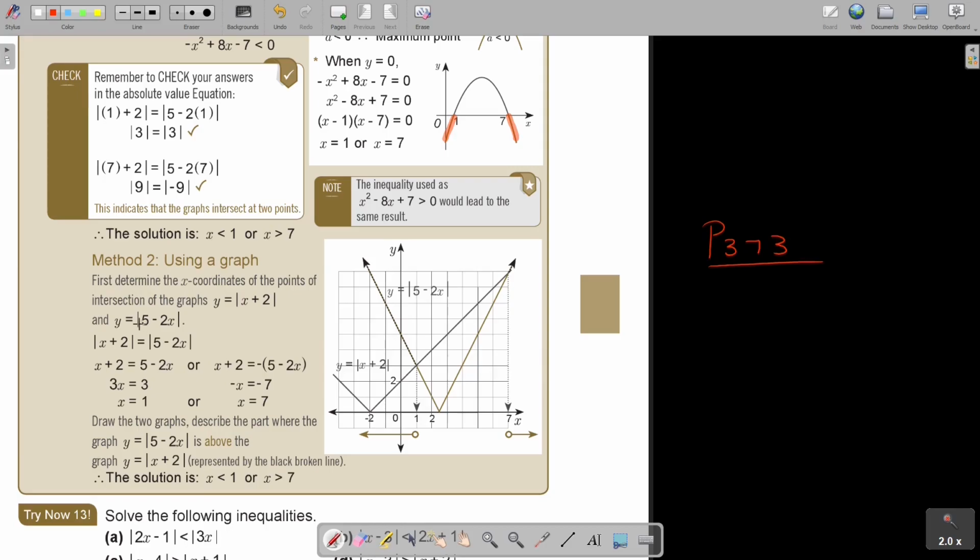All you do is, if you want to see where it cuts the x-axis, you make y 0. If you want to see where it cuts the y-axis, you make x 0. If you want to find the vertex, you take the absolute value part and put it equal to 0, and that answer you put in the original equation to find the y coordinate of your point.